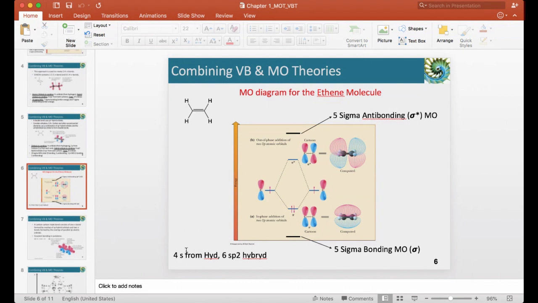We have 1, 2, 3, 4, 5 sigma bonds, so that must be 10 orbitals. Those 10 orbitals are 4 s from hydrogens and 6 sp2 hybrids from carbon.